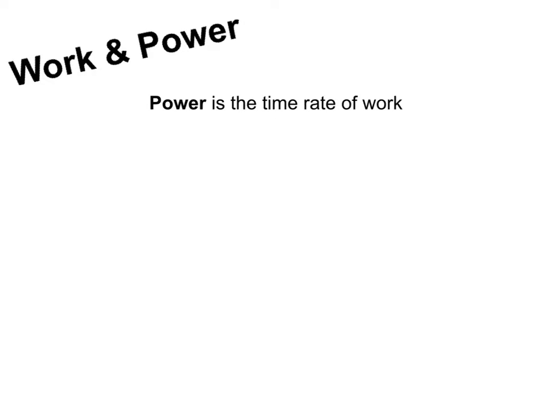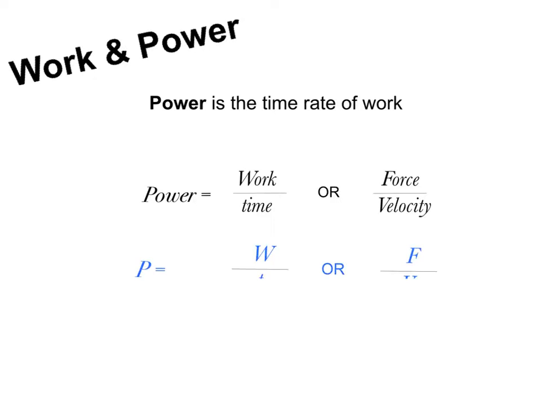When we talk about work, we also talk about power. Power is the time rate of work, or work divided by time. You can also calculate power by taking force and dividing it by velocity. To abbreviate that, P is equal to W over T for work divided by time, or force divided by velocity. So if you were given force and velocity, you could calculate power, or if you had work and time, you could calculate power.